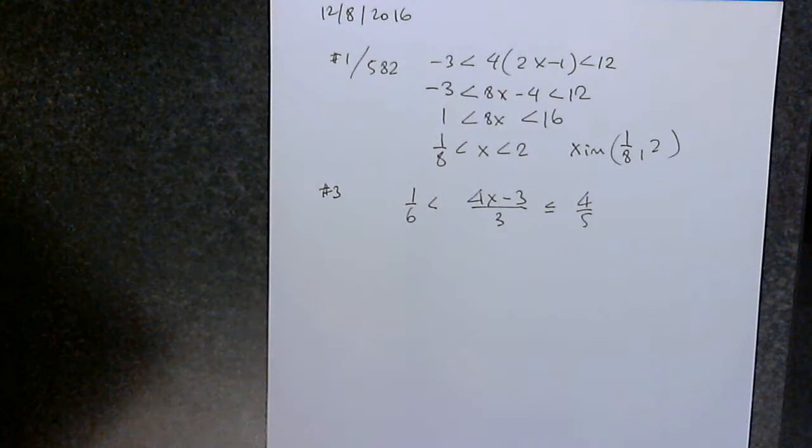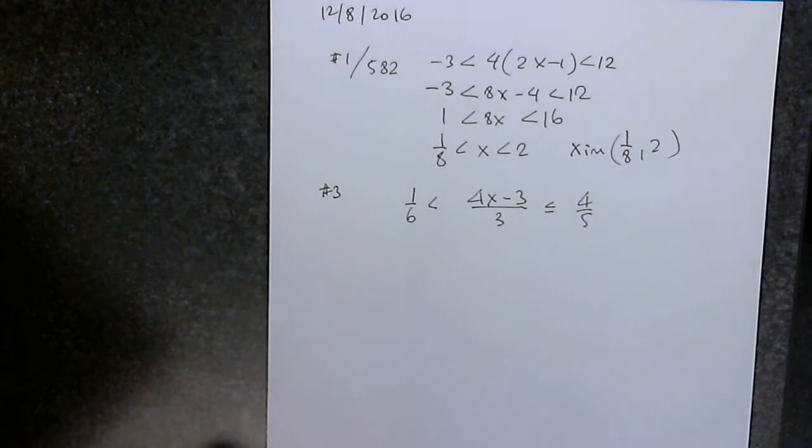First step: multiply by 3. That's good, it's not a mistake. You could eliminate all fractions by multiplying by 30 if you wanted to.